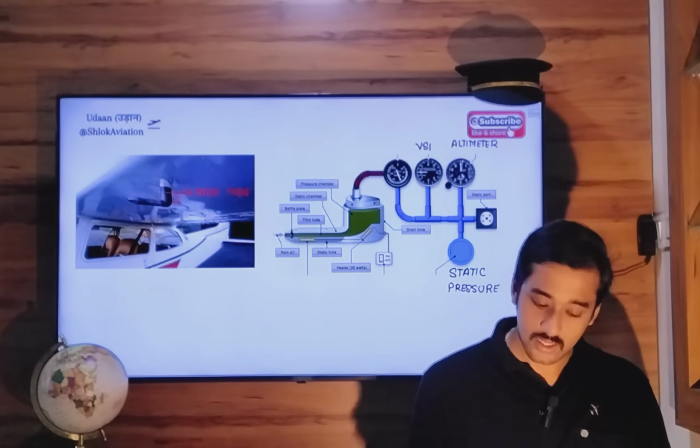But this aneroid capsule has two things entering inside: dynamic and static pressure. And it is surrounded by what kind of pressure? Static pressure from the outside. The static pressure surrounding the aneroid capsule will be the same as the static pressure entering inside the aneroid capsule through the pitot tube.